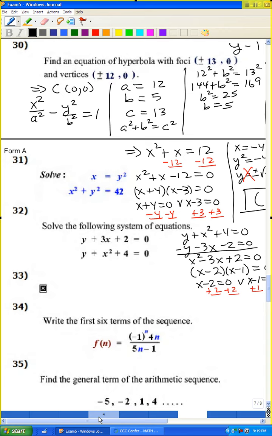What in the world is 33? Okay, still looking.